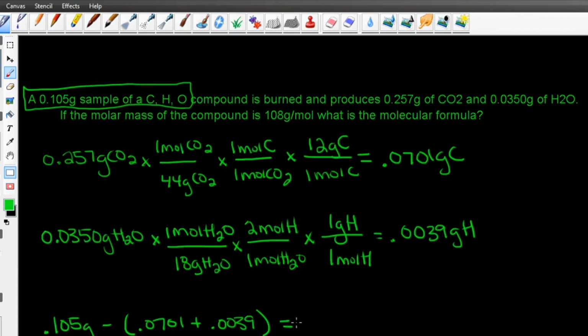So 0.105 minus 0.0701. My mass of oxygen will be 0.031 grams of oxygen. So now I can, ooh, I was almost out of space there, you guys. Sorry about that.